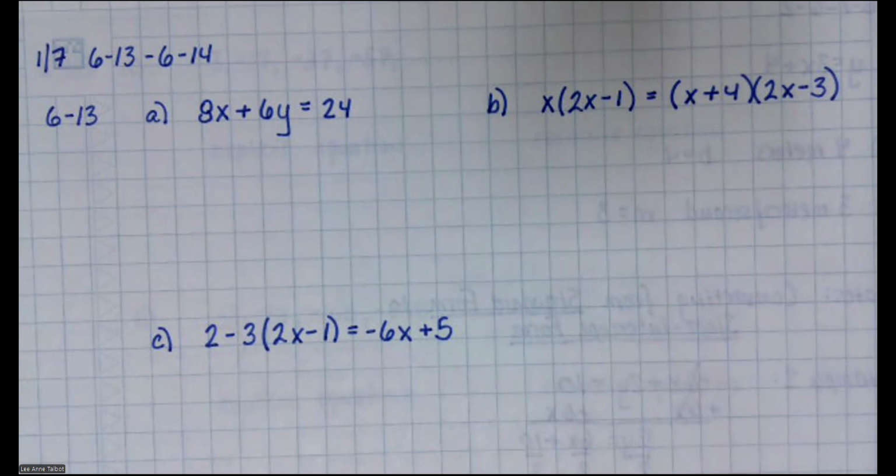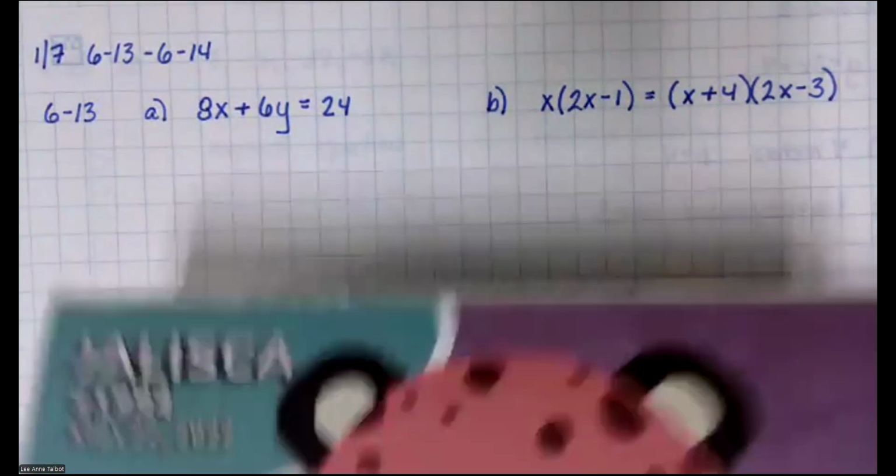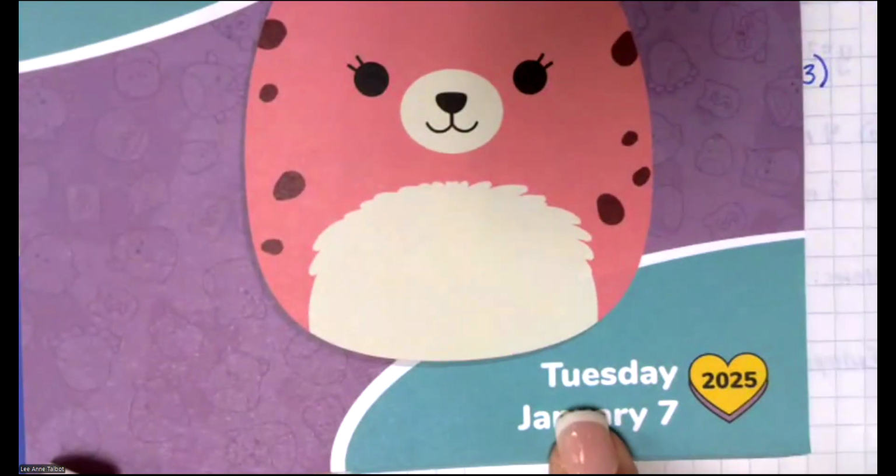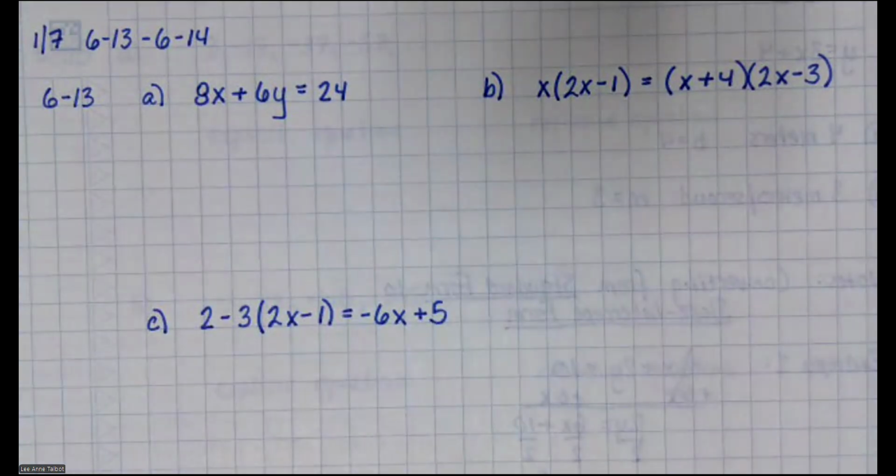I also got a daily rip-off Squishmallow calendar in my stocking. Like every day there's another Squishmallow, and then it says today's date, and then this is today's Squishmallow. And Miss Rice got me a book of 2,000 Squishmallow stickers. I know, I know. I had a great Christmas. And I got Cheez-Its, which you might not think are a big deal, but I try not to eat carbs, so.